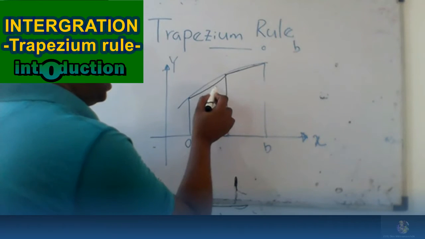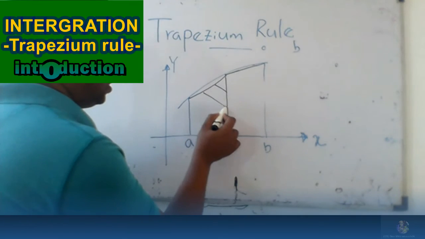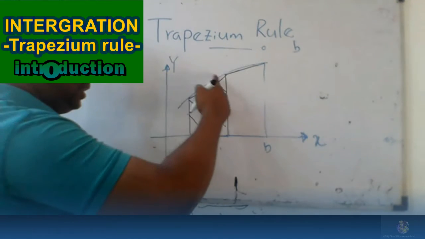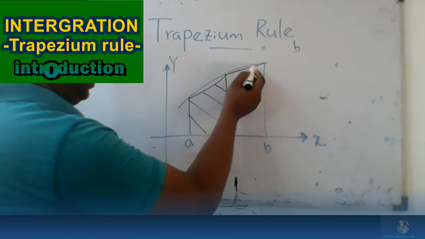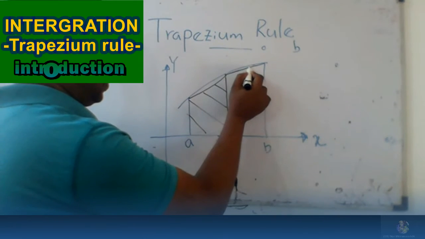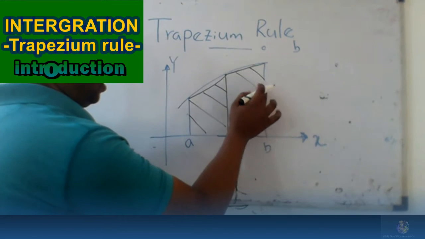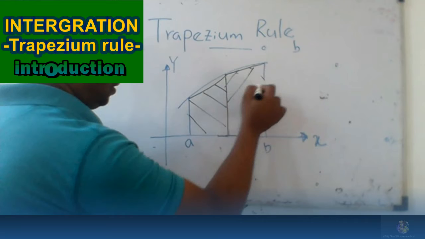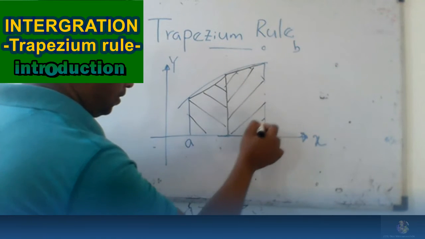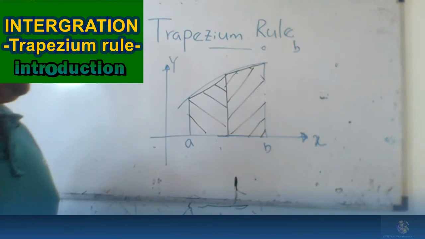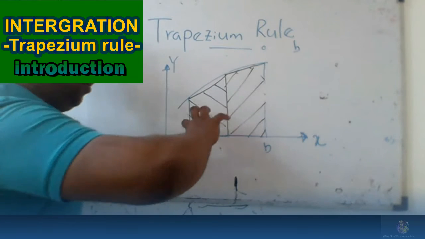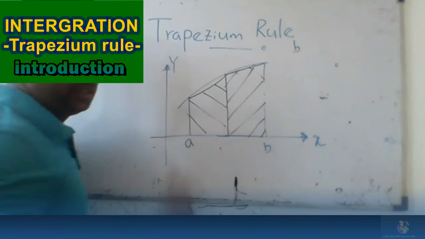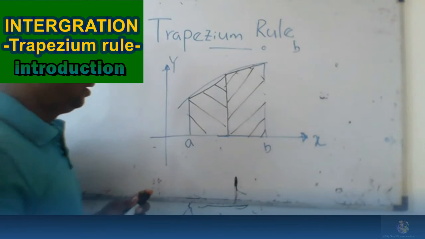Then the areas: one is this. If you take this trapezium and this trapezium, the other one, now you can see almost the total area will be covered by these two trapeziums, right?